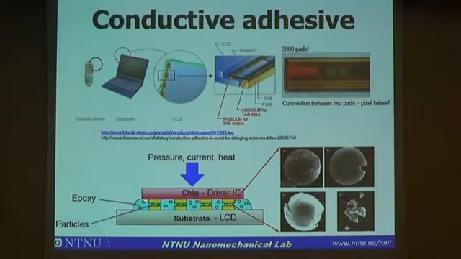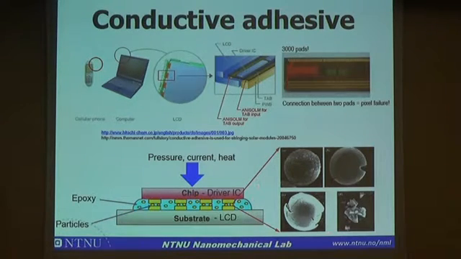In this process, the particles suffer pressure, current, and heat coupling fields. So how the mechanical integrity behaves will definitely influence the conductivity of your component and also the heat dissipation in the process.